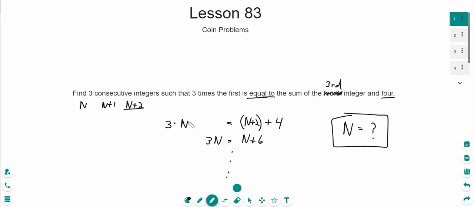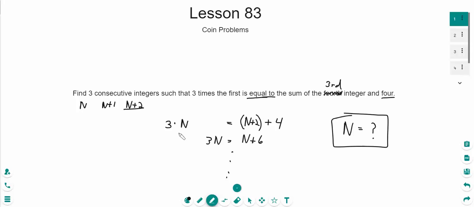All right, but the point I'm trying to make here is that the story problems that we've been dealing with up to this point have really only dealt with one equation. There's just one equation hiding in the story problem, and we need to find it and then solve it. Okay? The difference today is we'll be looking at some story problems that have multiple equations in the story problem.